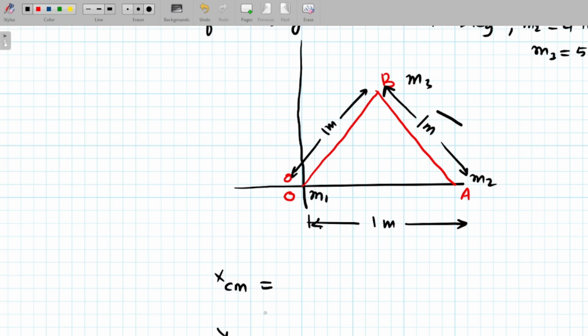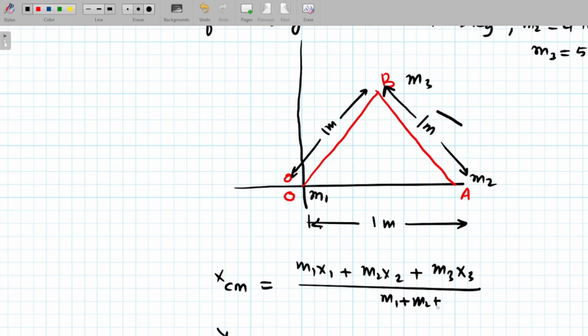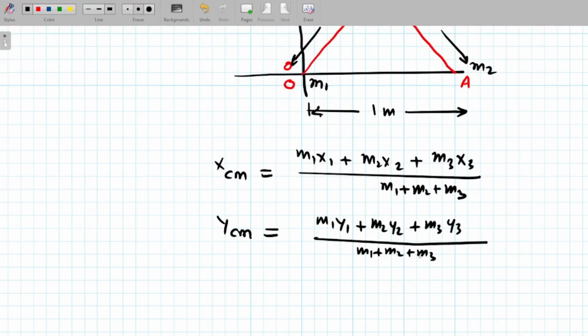Can you tell me what the formula for XCM was? M1 x1 plus M2 x2 plus M3 x3 upon M1 plus M2 plus M3. Similarly, M1 y1 plus M2 y2 plus M3 y3 upon M1 plus M2 plus M3. Yes or no? You know all these M1, M2, M3, right? That I have written already on the top.